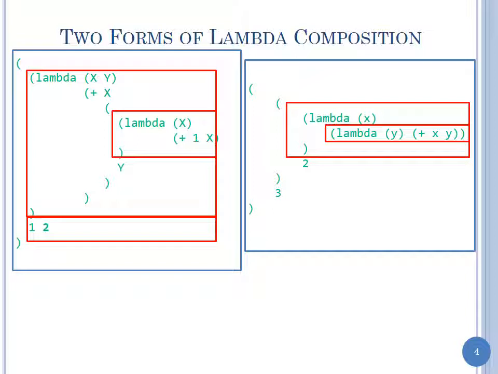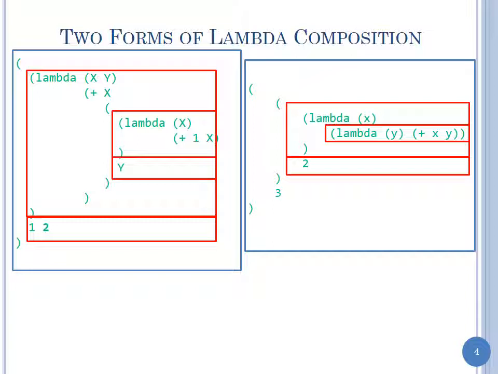In the left case, the outer lambda expression is bound to these arguments 1 and 2, so it's applied. In this case, also the outer lambda is used and bound to the argument. So far, everything is similar.